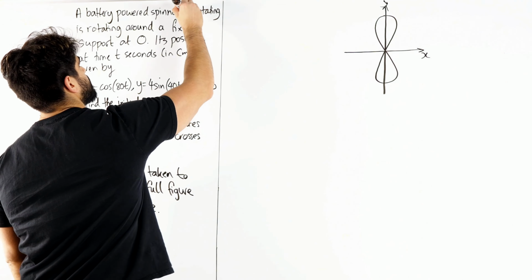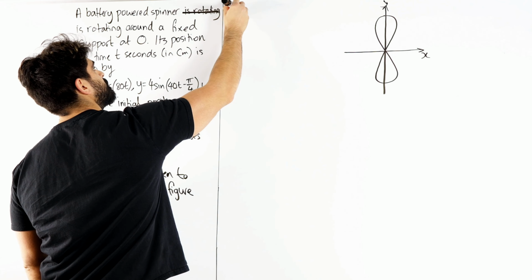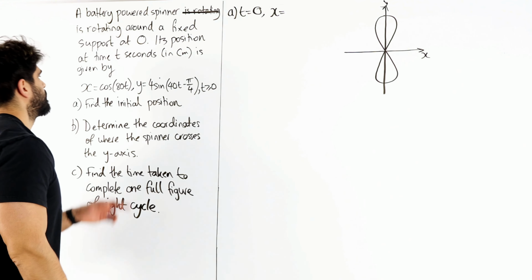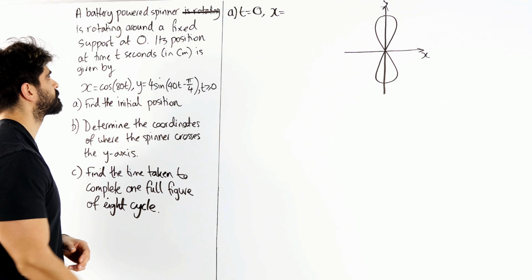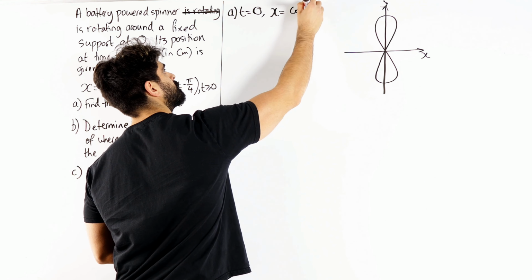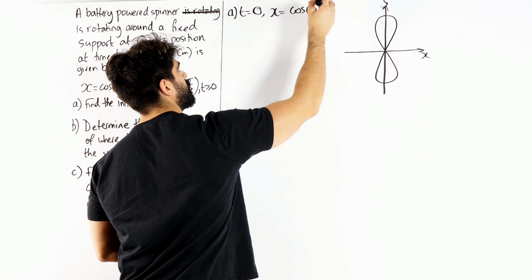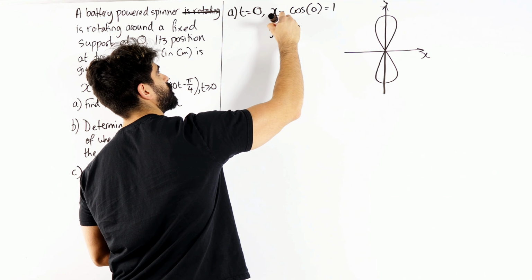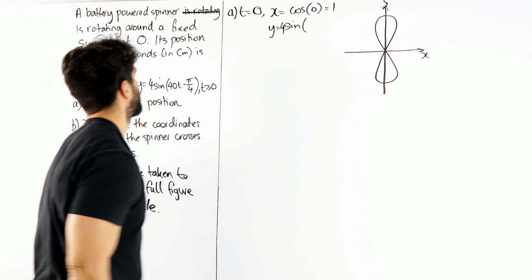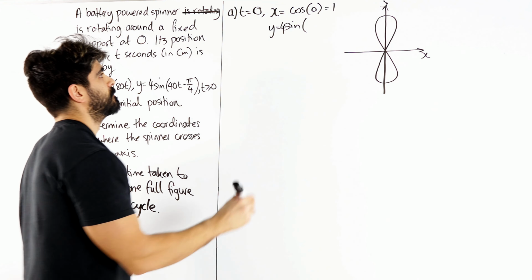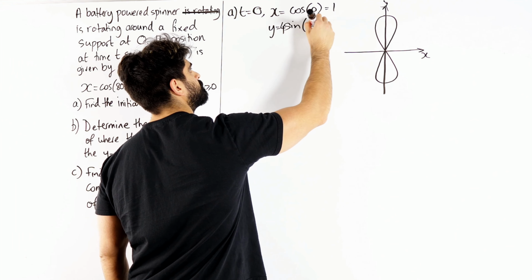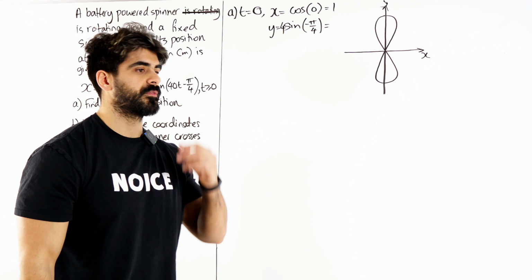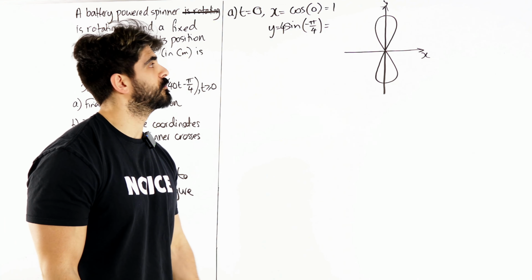When t is 0, to find the initial position, x equals cos of 0, which is 1, and y is 4 sine of minus pi over 4, which is minus root 2 over 2 times 4, so minus 2 root 2.